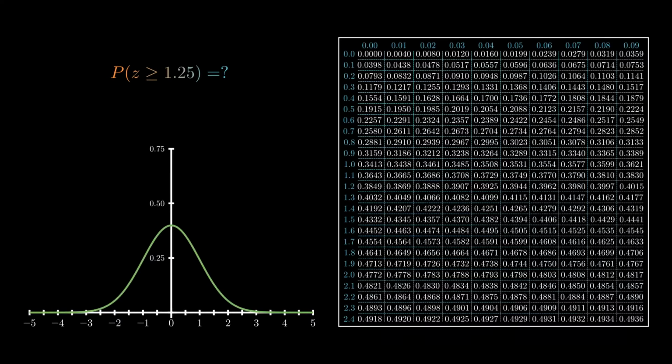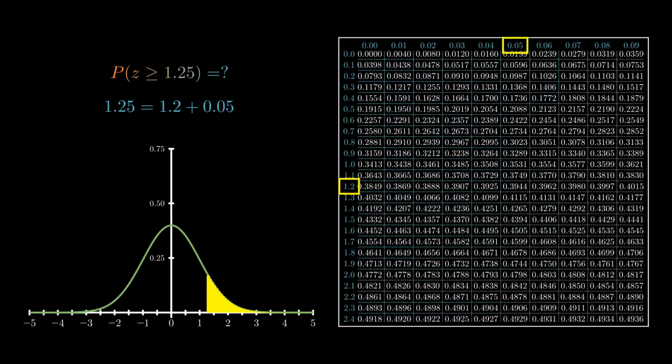That is represented by the yellow shaded tail on the right. So how do we go about this? First, we need to decompose 1.25 into 1.2 and 0.05 and find their values on the vertical and horizontal axis of the z-table. We take note of their columns and rows and intersect them together.